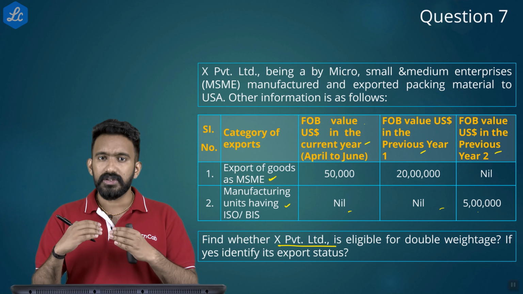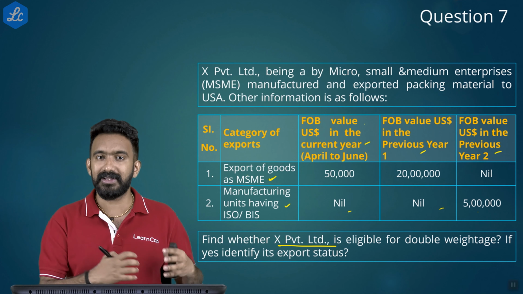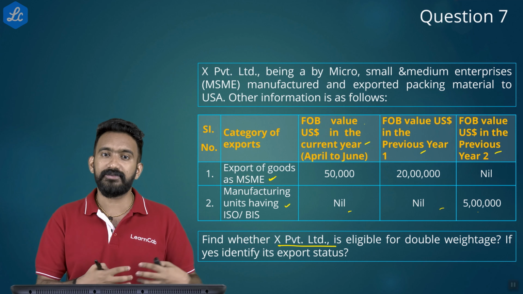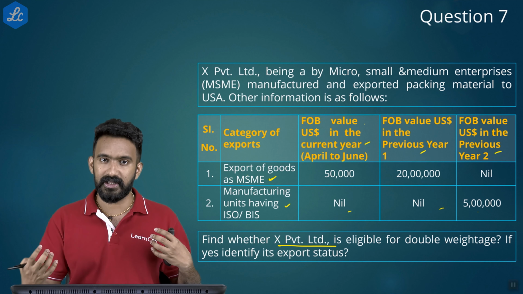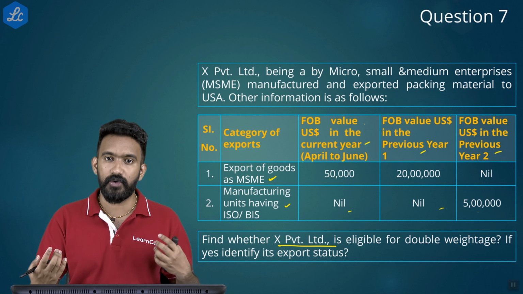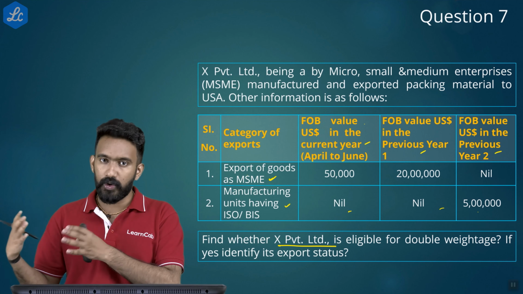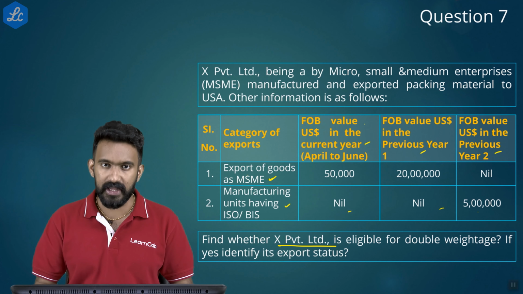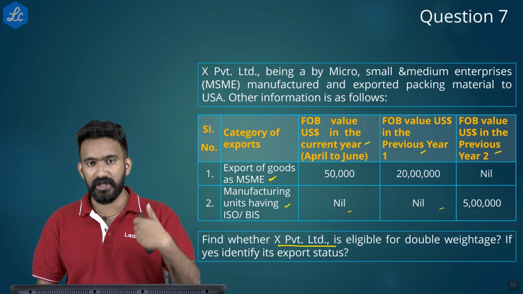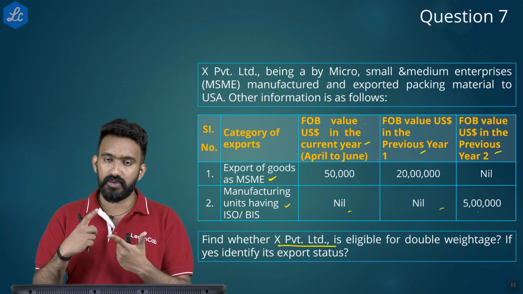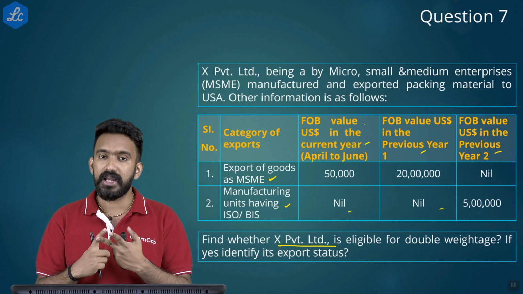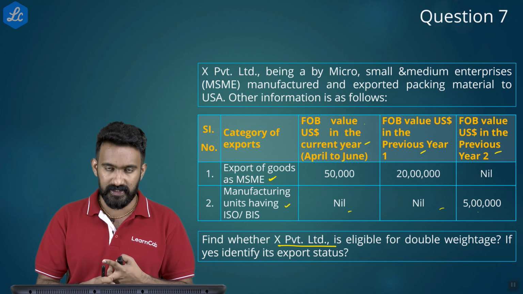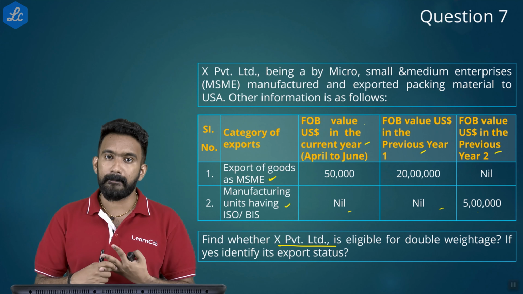Then in our calculation, we will first have to check what the performance is. Then we will have to write about double weightage as well. You should write that if any of the following categories of exports is considered for checking 1-star export house status holder, the following will be given double weightage on their export performance: export as MSME, export by manufacturers having ISO, BIS, export by exporters from Jammu Kashmir, Sikkim and other Northeast states, and export by agro export zones.